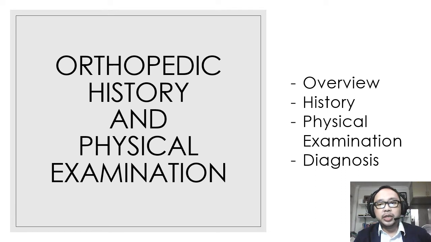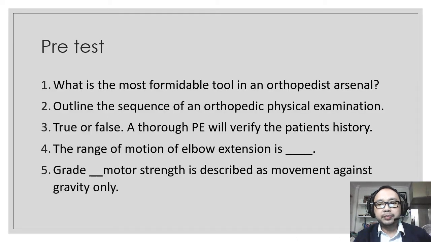We'll be discussing history, physical examination, and diagnostic tests as well. This part should just be a review of your PDR2, your physical examination and history taking in second year.